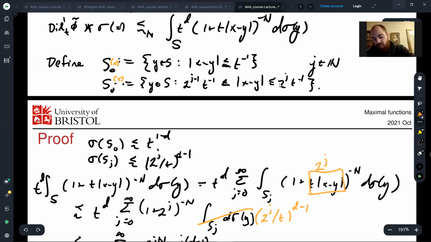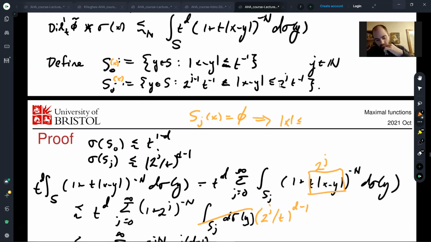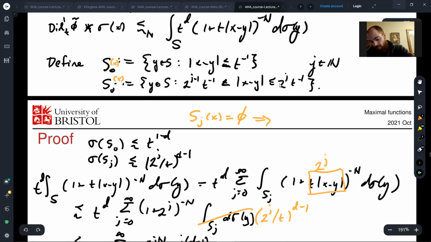But we have this nice effect that S j of x is empty for |x| sufficiently large, that is, greater than 2 to the j plus 1 over t, plus 1.